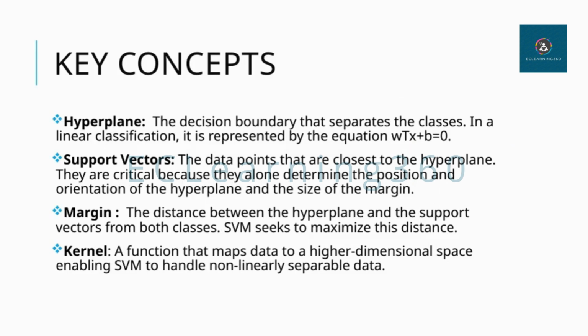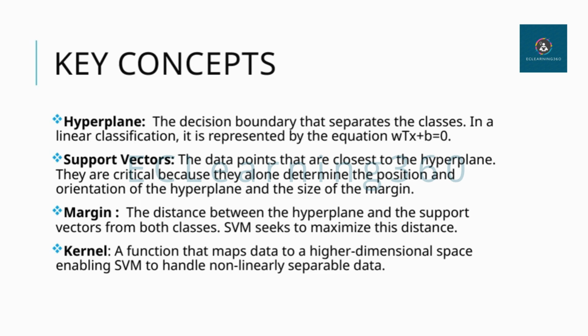Let's dive into some key concepts that form the foundation of SVMs. First, we have the hyperplane, which you can think of as the decision boundary that separates different classes. In a simple linear classification, this boundary is represented mathematically by the equation W^T x + b = 0.